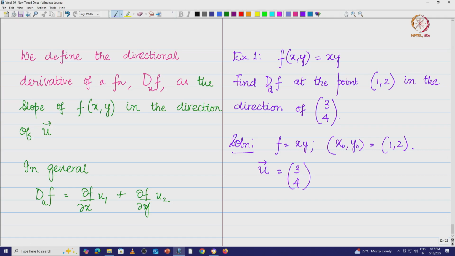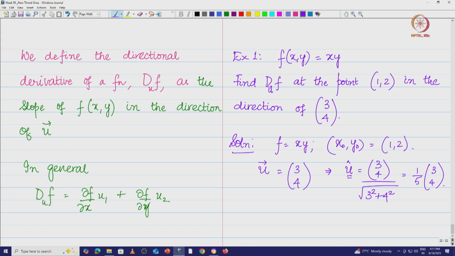Unfortunately, this is not a unit vector, therefore I can get the unit vector by dividing the vector u by the length of the vector. So this is going to be the vector 3 4 divided by square root of 3 squared plus 4 squared, which is nothing but 1 by 5 times 3 4. That is the unit vector that we have.